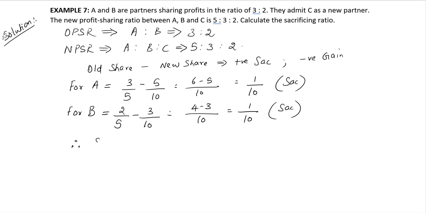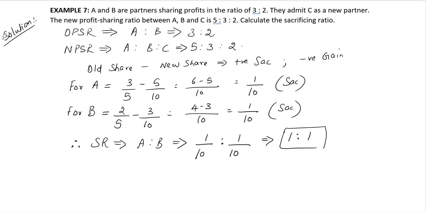Therefore, the sacrifice ratio between A and B is the ratio of the sacrifice of A, 1 by 10, is to the sacrifice of B, 1 by 10, or in other words 1 is to 1. So the answer to the question is the sacrifice ratio between A and B is 1 is to 1.